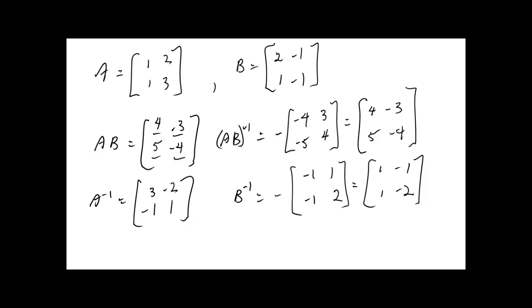Now the next thing it wants us to do is A inverse times B inverse. We'll do that on the next line if we've got room. A inverse, B inverse. Can we even multiply those two? Yes. What size will it be? 2 by 2.